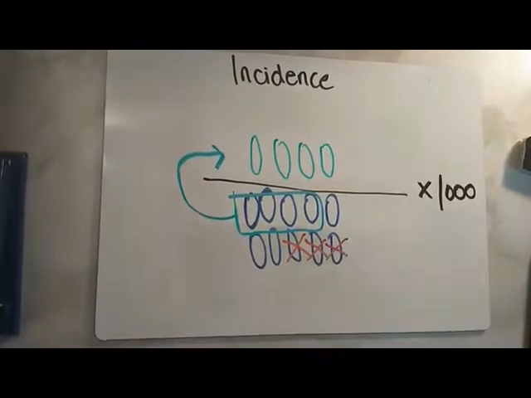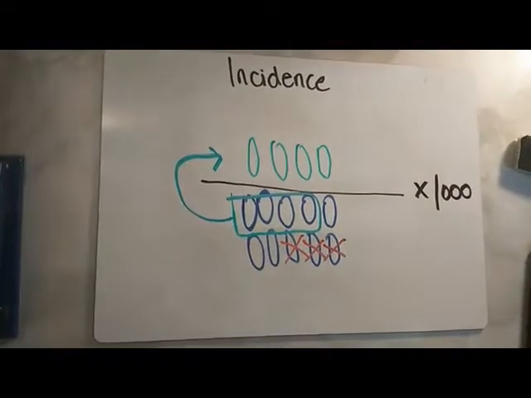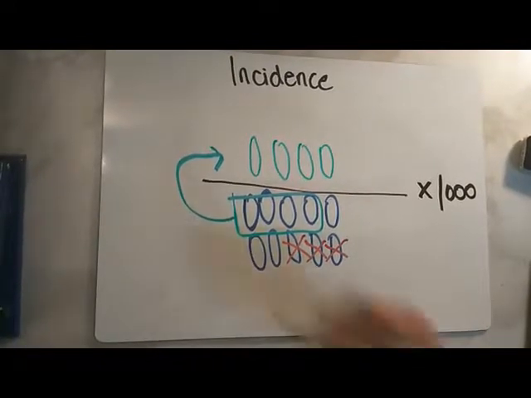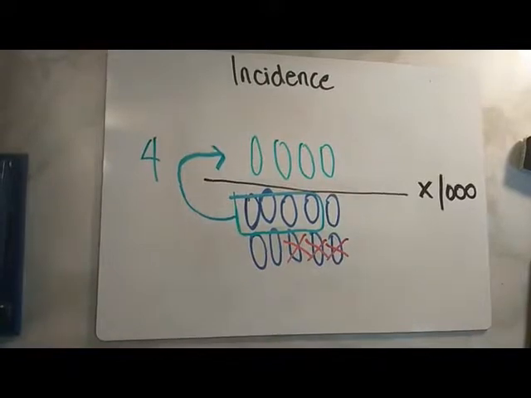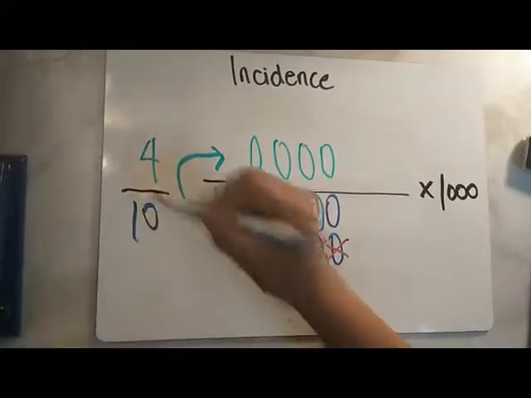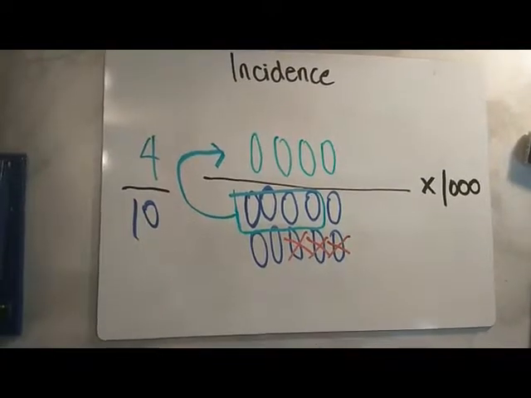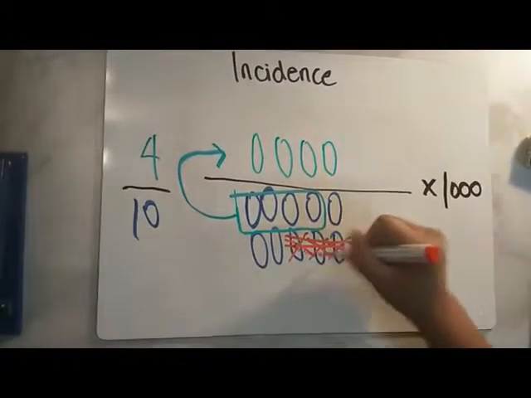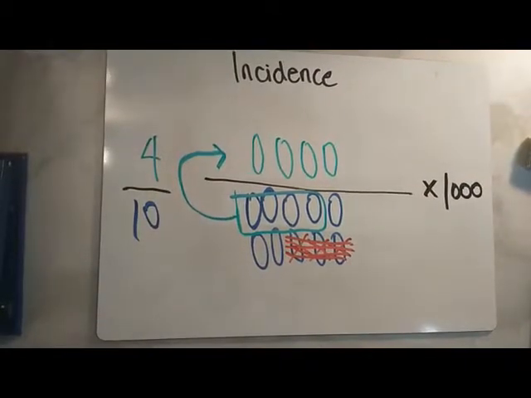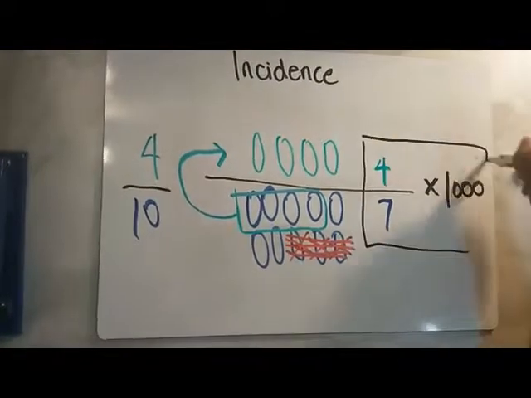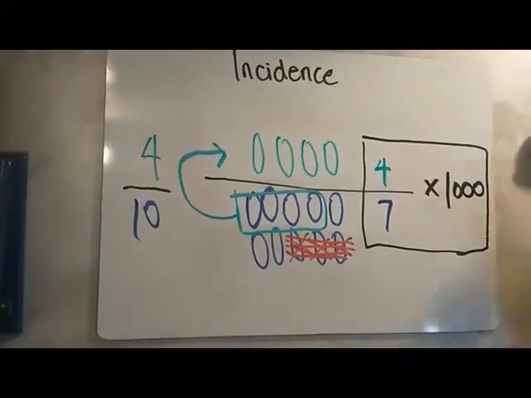Let's also say, for example, if 3 women of our population at risk had their uterus removed, they would no longer be a part of the population at risk because they do not have the potential to become part of the numerator. So instead of 4 out of 10 in our example, it would now be 4 out of 7 for the population at risk times 1,000, and this equals a new incidence rate of 570 per 1,000 population.